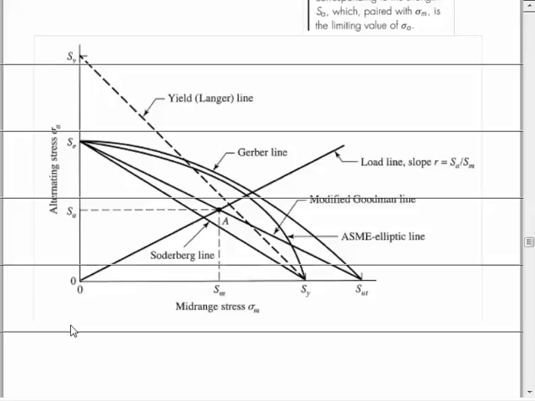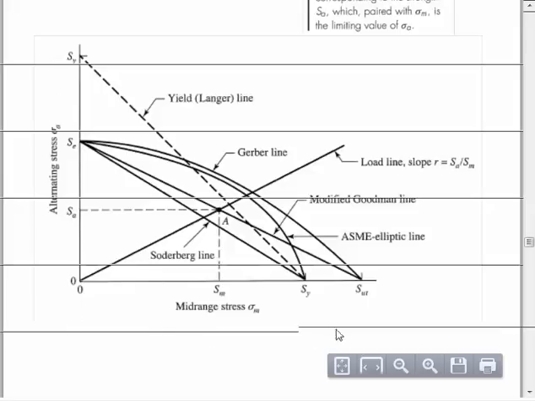And then here's the logic. I repeated this in class, but here's the logic on how these diagrams work. I want to focus specifically on this straight line. And notice this straight line goes through the ultimate stress on the mean axis, and this straight line goes through the endurance limit, which we read off the SN diagram on this axis.